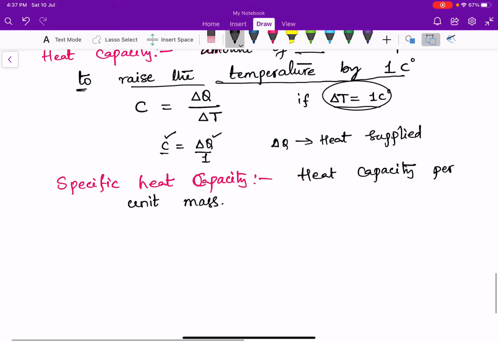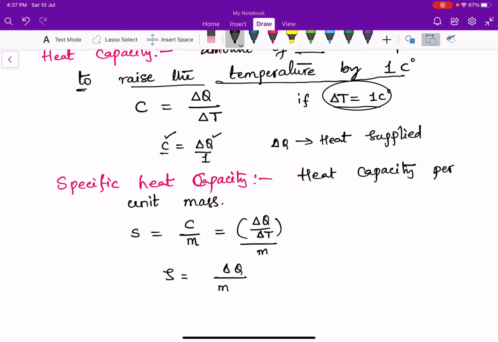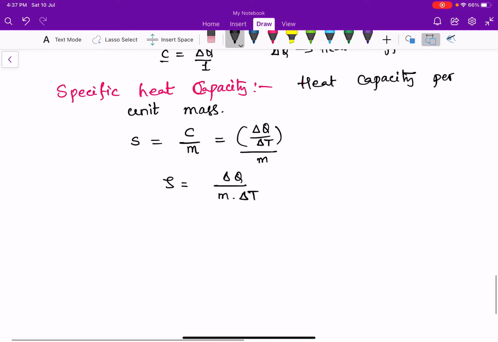Okay. Now specific heat capacity S is equal to heat capacity per unit mass. Unit mass is nothing but M. So here C is nothing but what? Delta Q by delta T divided by M. So simply specific heat capacity S is equal to delta Q by M delta T. Now I am going to define specific heat capacity in terms of mass and rise in temperature.